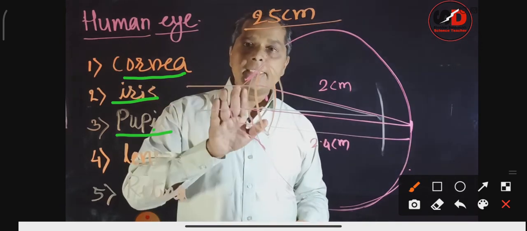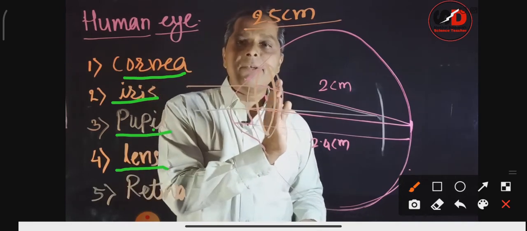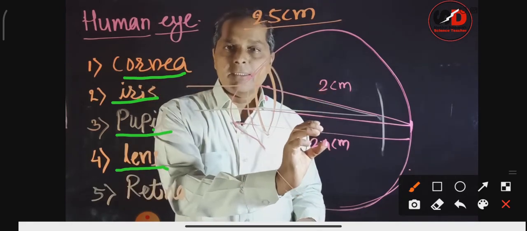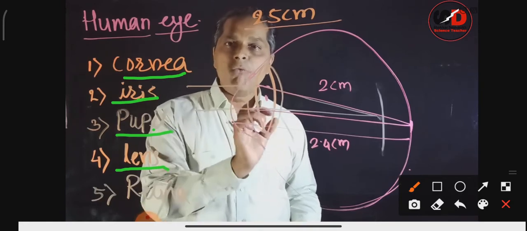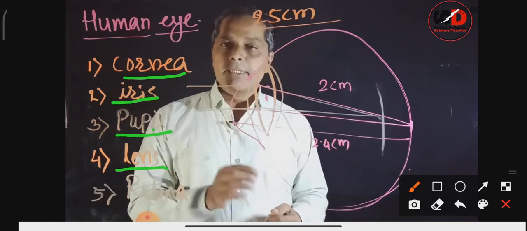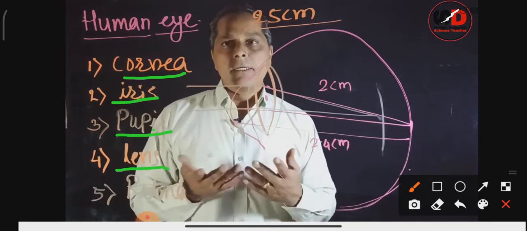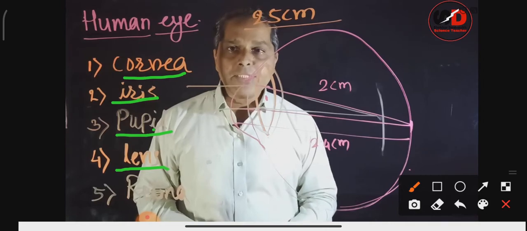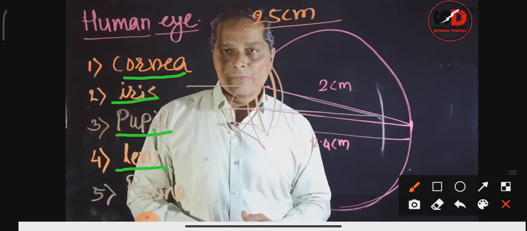Then next is the lens. The light which enters through the pupil falls on the lens. This crystalline biconvex lens is nothing but the eye lens. What is the function of the eye lens? It forms the image on the retina, and therefore we can see the object.